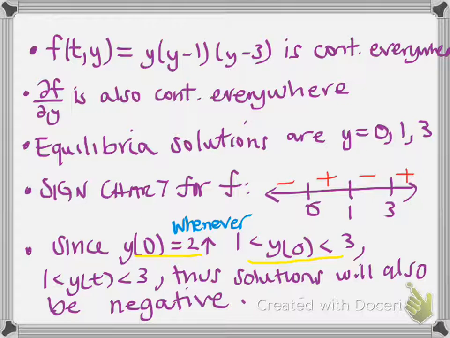So whenever y of 0 is between 1 and 3, then y of t is going to be between 1 and 3. The solutions will also be negative, right? Because in the interval here, it's negative, okay?